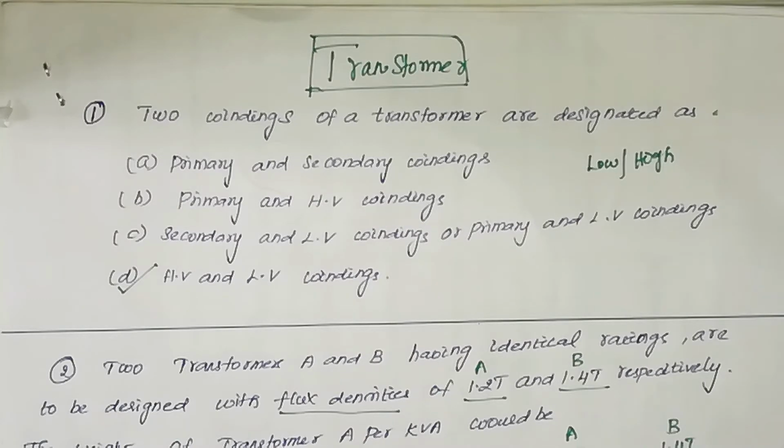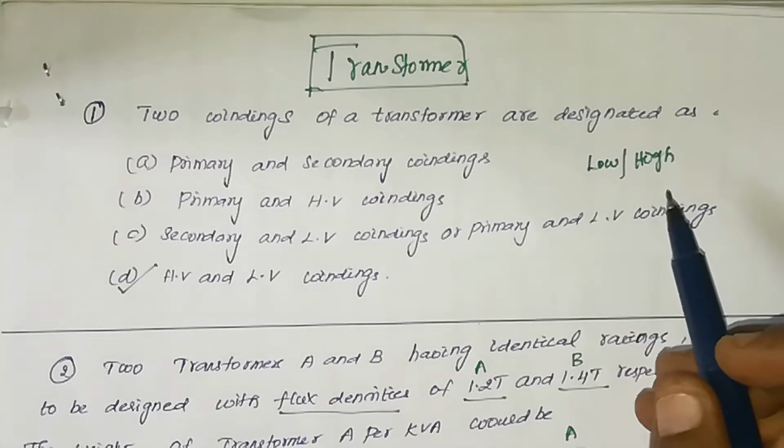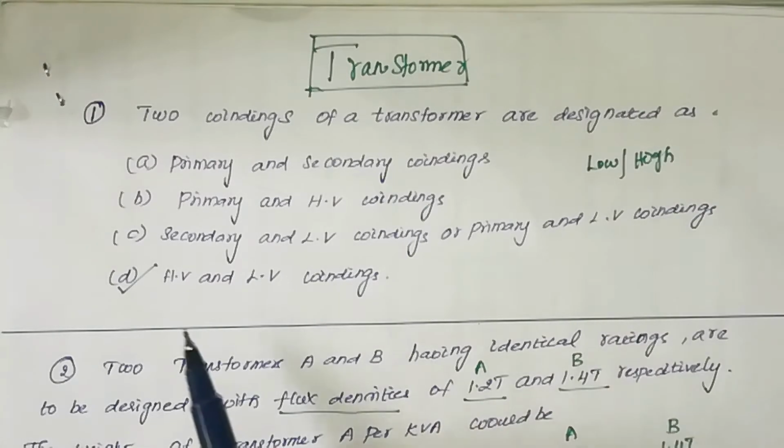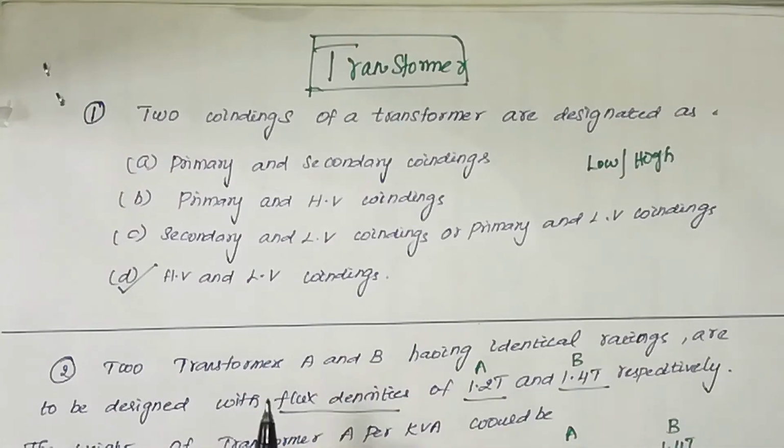We all know that in a transformer, the windings are designed based on the voltage level. It may be high or low. If the voltage is low, the winding is called a low voltage winding. If the voltage is high, the winding is called a high voltage winding. So option D is correct: HV and LV windings.